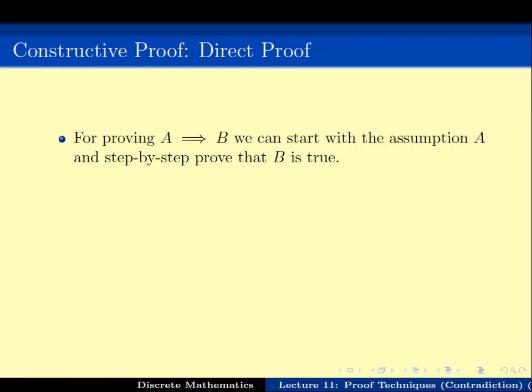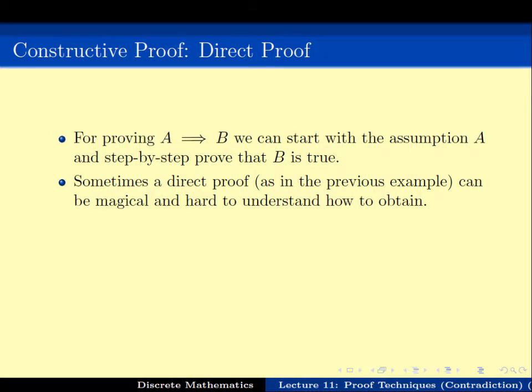The idea was to prove A implies B. You work with A and step by step prove B. Sometimes we saw that proving it in this way can be hard, so can be magical. So instead, one can come up with something called a backward proof.